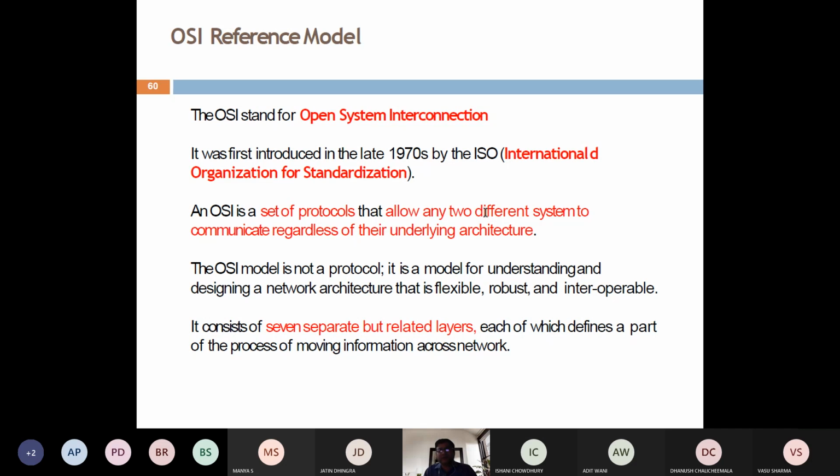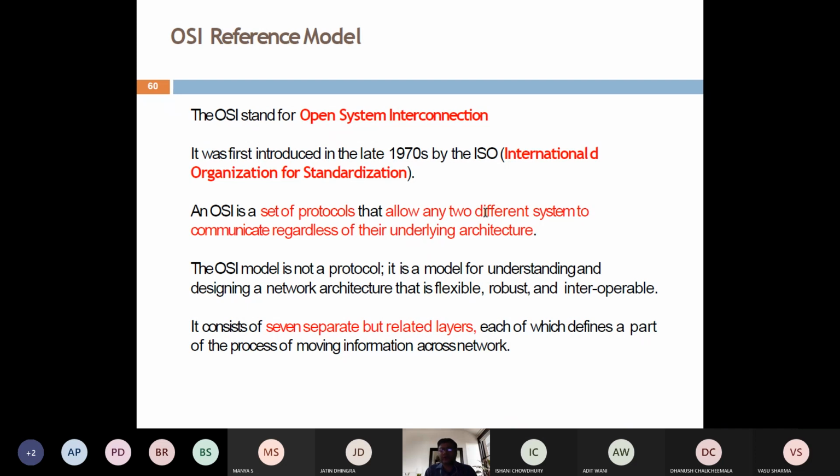Without using that whole set of protocols at a time, we have divided the task. If I am in layer 1, I use this set of protocols. If I am in layer 2, these protocols will be used. If I am in layer 3, these are the protocols I use. So different layers have a different set of protocols.